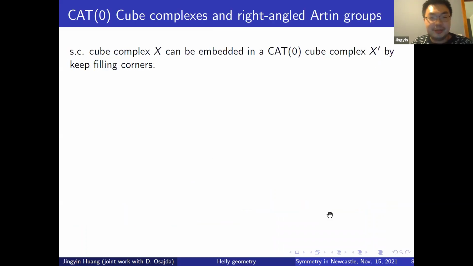And actually, we can say a bit more. If I give you a simply connected cube complex which is not CAT(0), then what you can do is try to embed it into a CAT(0) cube complex by filling corners: whenever you see an empty corner, you put a cube over there.